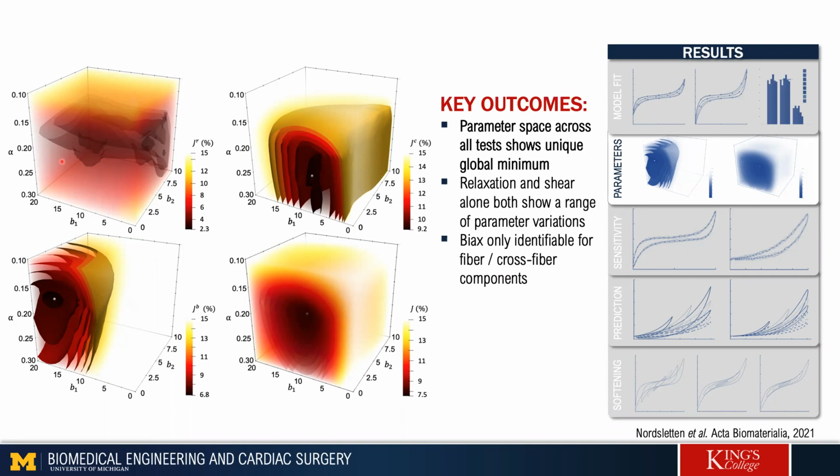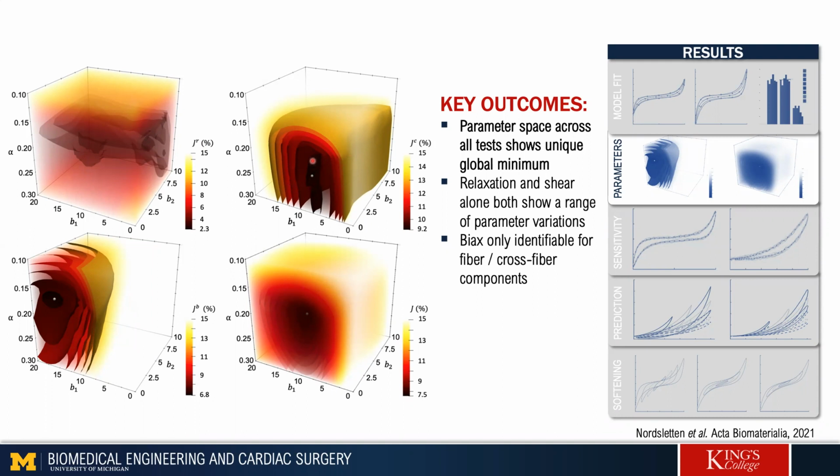In the model that we proposed, there were really only three nonlinear parameters: this alpha and this beta, B1 and B2, which are the powers that we have in our exponentials. And so we could look across different tests. This is relaxation, this is cyclic shear, this is the biaxial, and then this is all of the tests together. You can see that really the relaxation and the cyclic behavior, neither of these give you a unique minimum.